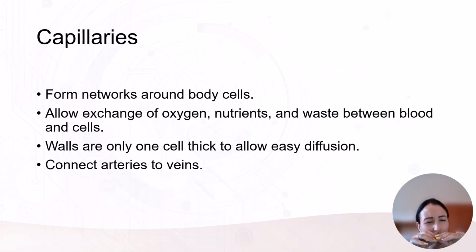The walls are only one cell thick, and they allow easy diffusion of oxygen, nutrients, and waste between the blood and the cells. And they are the connection between an artery and a vein. So an artery comes from the heart, it diffuses down into the cells and the organs, and it becomes the capillaries, and then the capillaries become veins again when they go back to the heart.